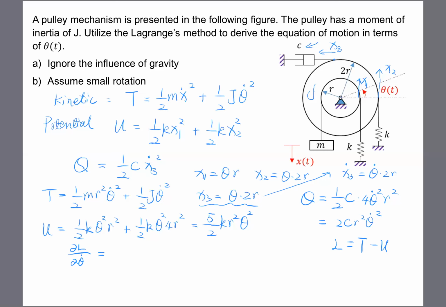So it becomes m r squared theta dot plus J theta dot. And then again, we need to calculate the time derivative of this term. It's really easy. Just change the single dot to double dot.